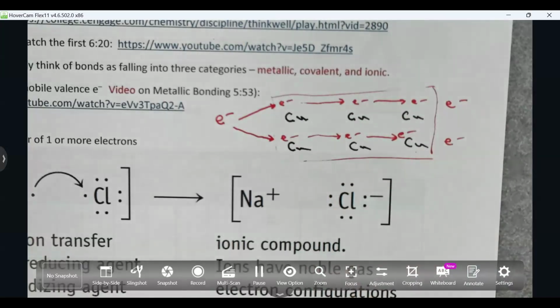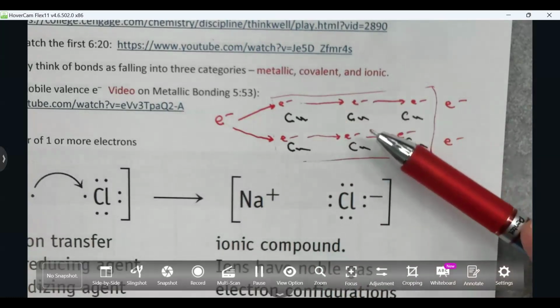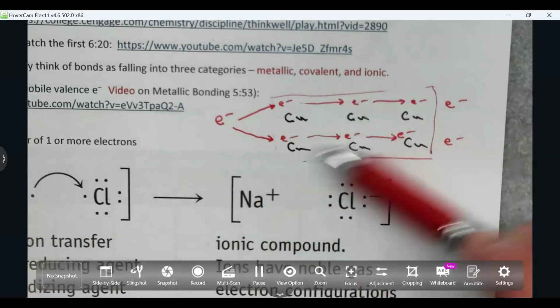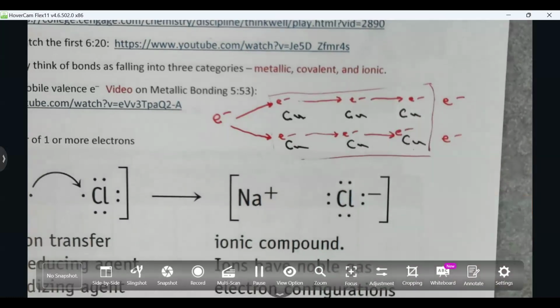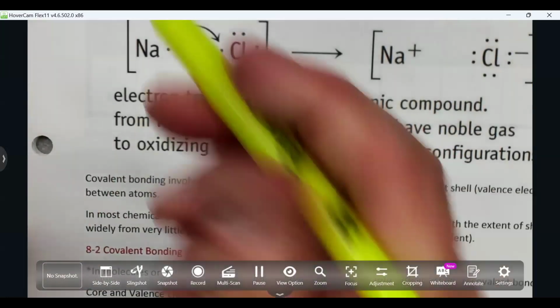If you have a taller water tower, you're pushing the water to us with more power. So a metallic bond is just these delocalized electrons. That's why we can bend copper. Those electrons reorientate themselves. We can pound copper flat. Those electrons reorientate themselves.